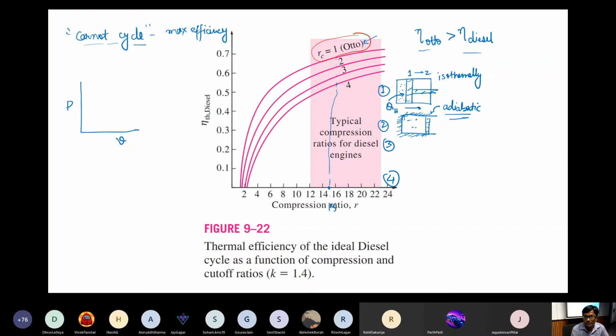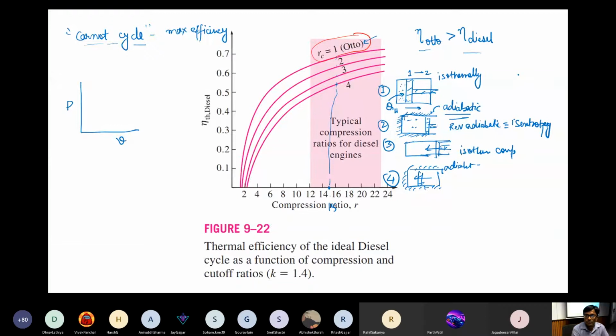This may also be called reversible adiabatic, and then we call it isentropic, because both mean the same. Similarly, the next stroke coming inside is again isothermal compression, and then again hypothetically we bring this into an adiabatic enclosure.